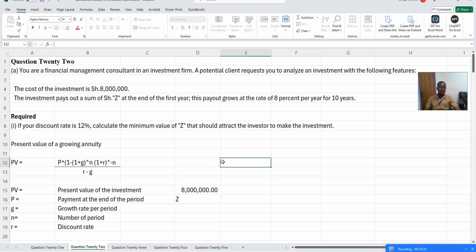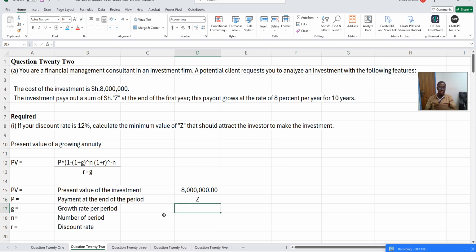If your discount rate is 12, calculate the minimum value of Z that should attract the investor to make the investment, given that the investment pays out Z at the end of the first year. And we've said P simply will represent the payment at the end of the year. So we need to determine that Z, which we don't have.